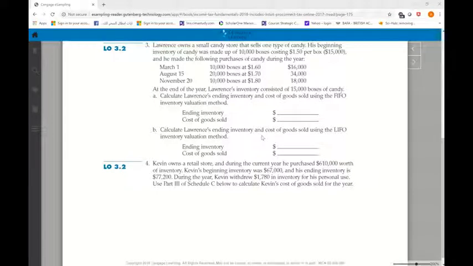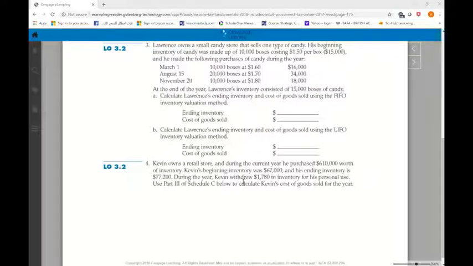Okay, so we'll move now to problem number 4. Kevin owns a retail store, and during the current year he purchased 610,000 worth of inventory. Kevin's beginning inventory was 67,000, and his ending inventory is 77,200.